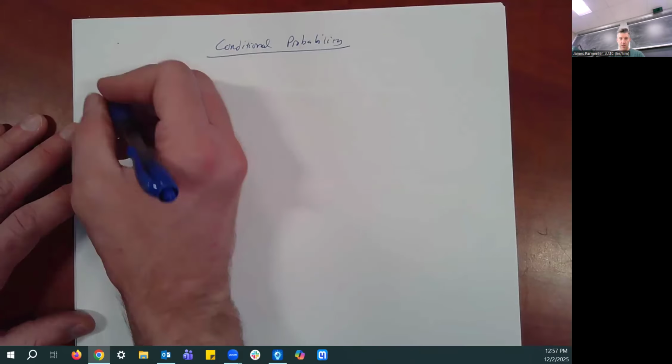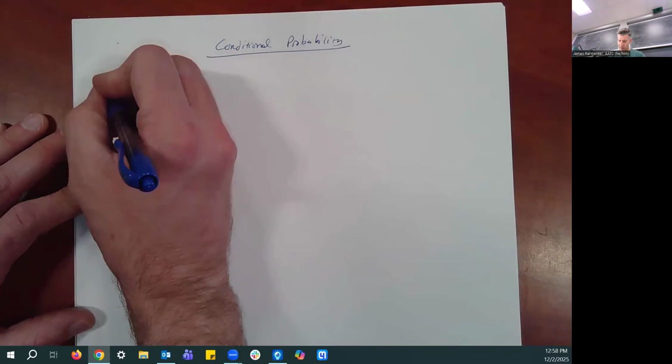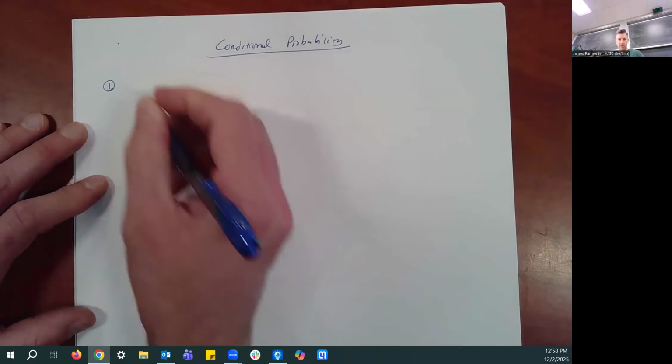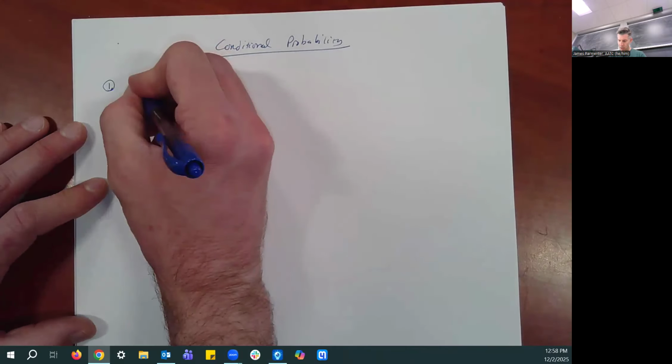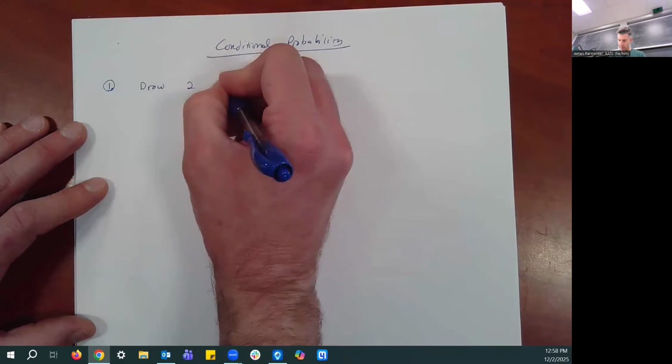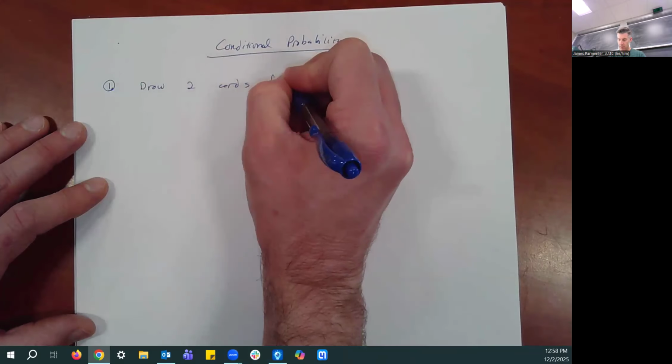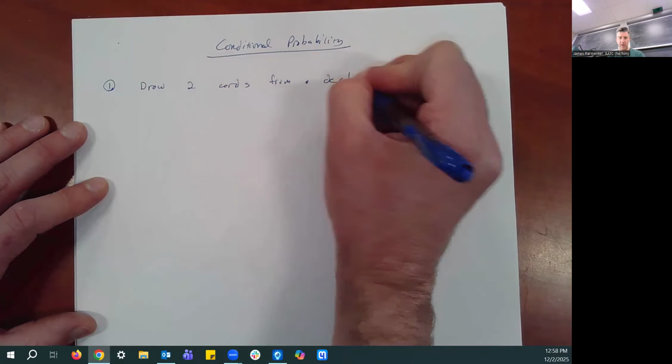So these first examples are a little bit weird, but they do kind of help. So here's one. Let's say we draw 2 cards from a standard deck of 52.